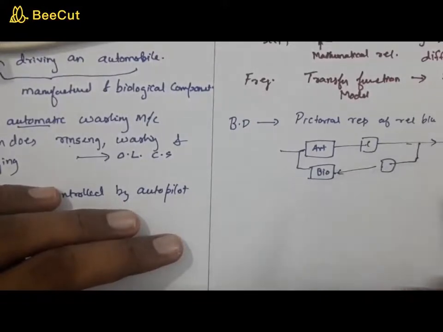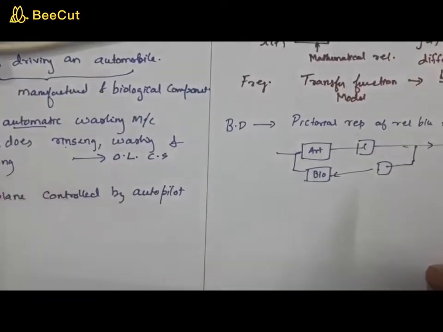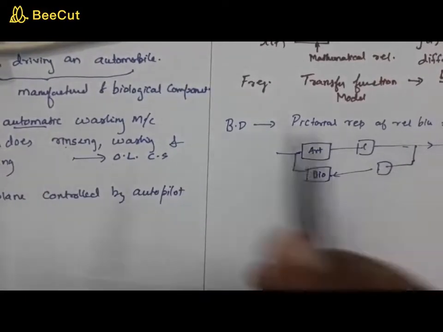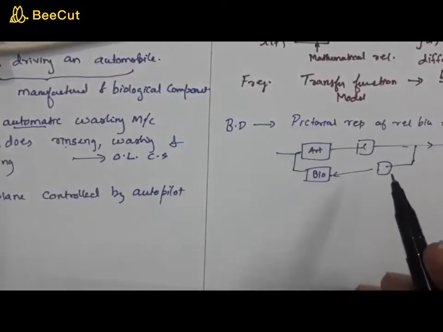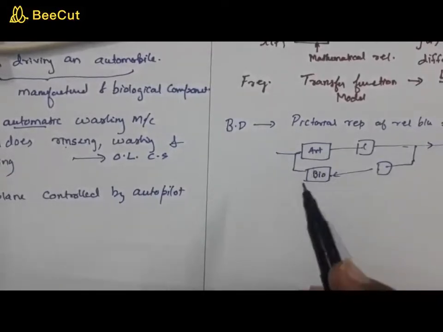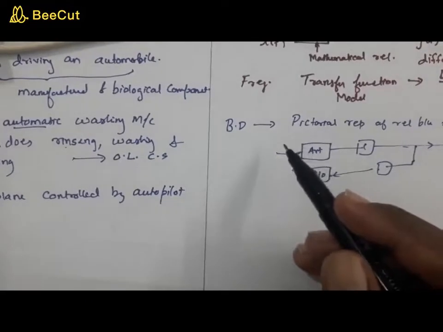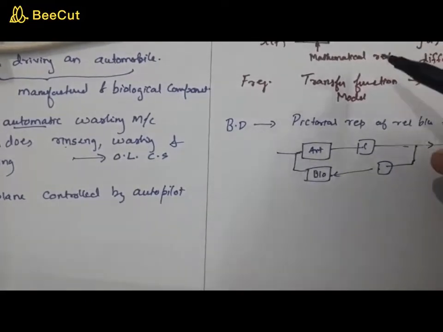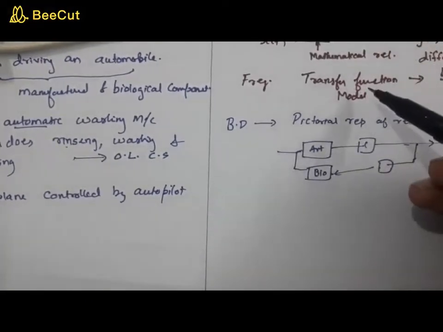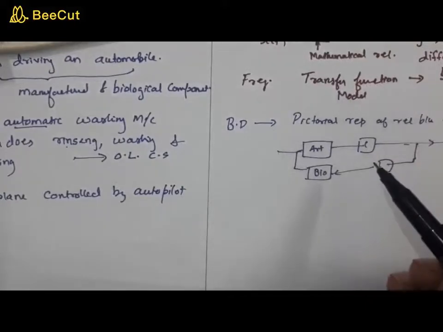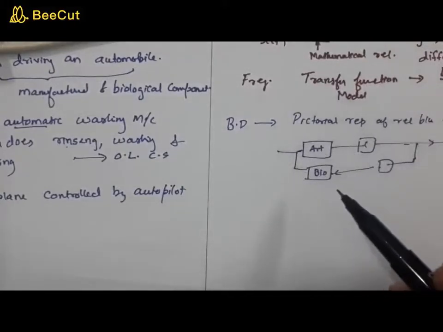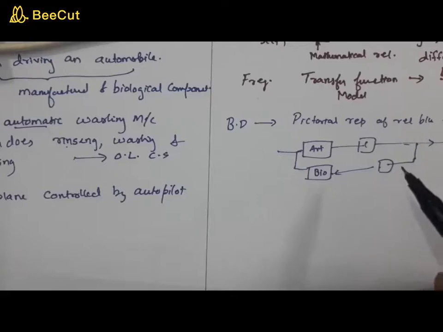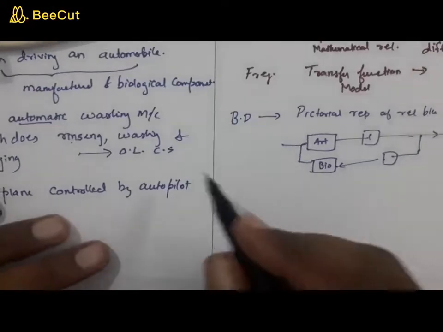So this is just a pictorial representation of the various components, and it gives you how they are interconnected to each other. Now, when you combine this block diagram with the mathematical model, especially the transfer function model, you can arrive at various types of analysis, which I will be explaining later.